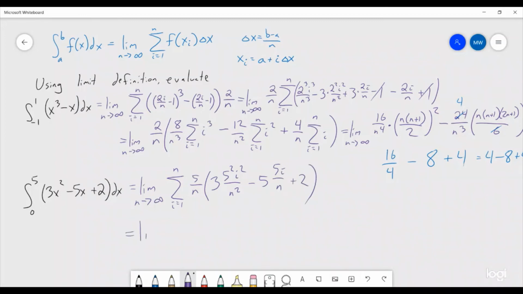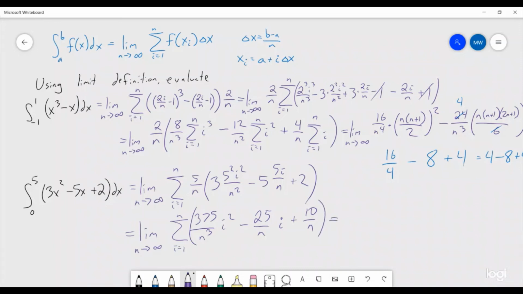So this is the limit as n goes to infinity of the sum from i equals 1 to n of, let's see, we got 5 times 5 squared, that's 125, times 3, that's 375. 375 over n cubed i squared minus 25 over n i plus 10 over n.